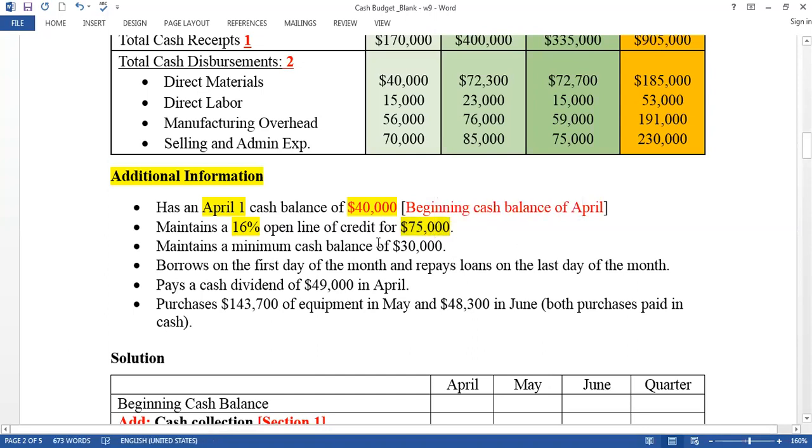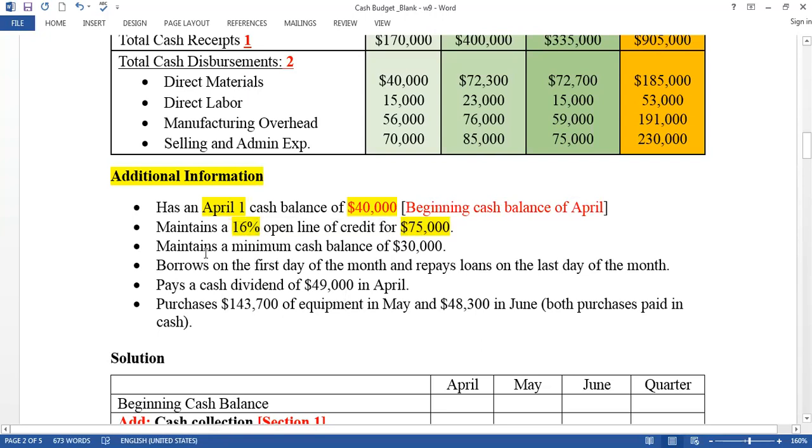Whenever you receive money, then you have to return my money with interest, right? If you use my money 2 months, you have to give me 2 months of interest. If you use this money 1 year, you have to give me 1 year of interest. If you use this money 5 years, you have to give me 5 years of interest. The bank said no problem, I can give you $75,000 for the coming quarter and you have to give me 16% interest. Do you understand the second point?